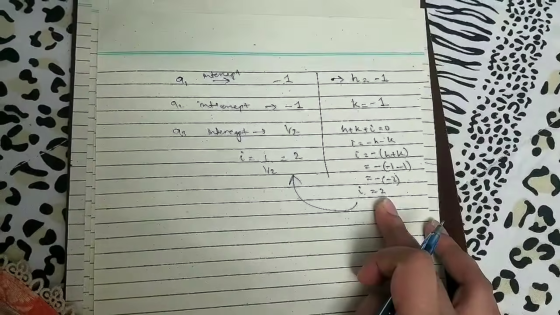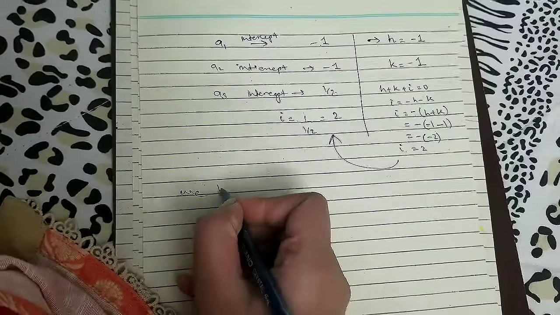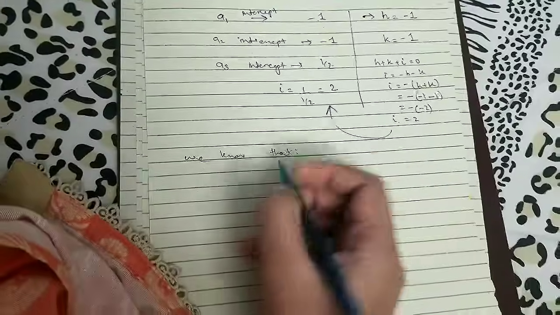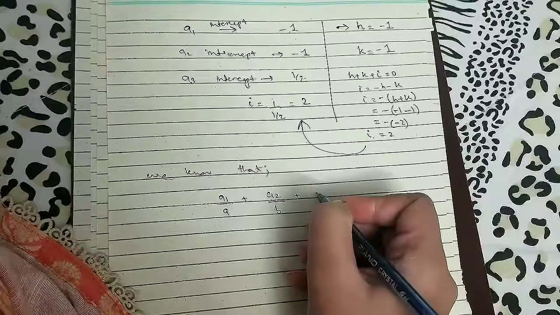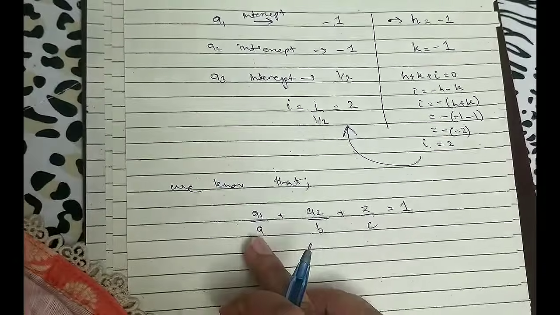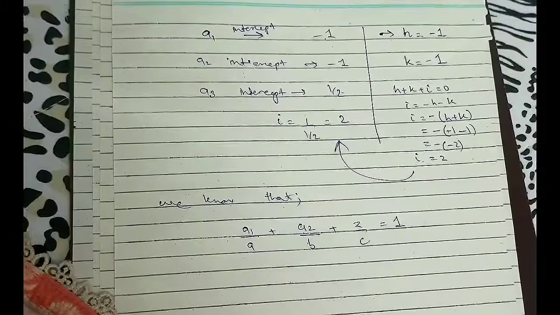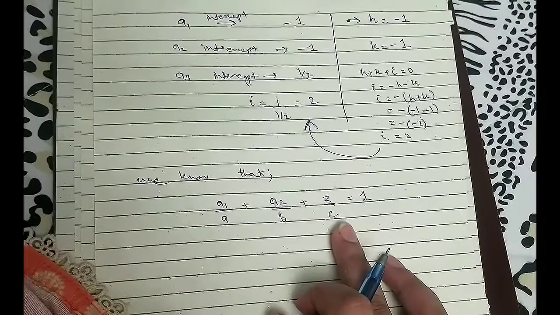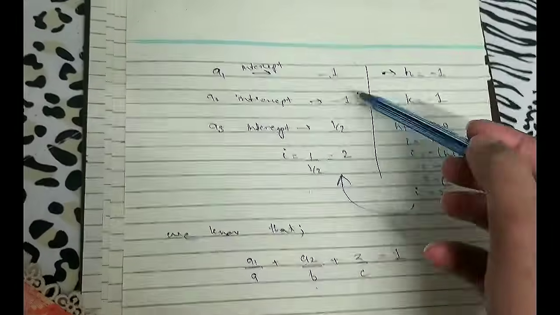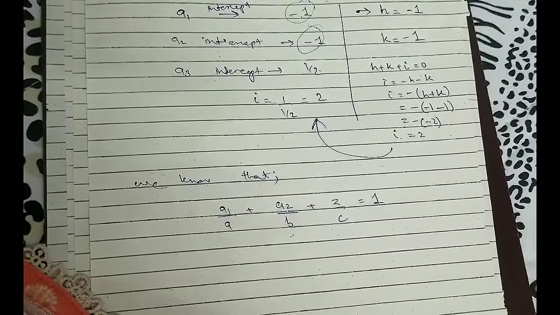So we now know three of the indices, -1, -1 and 2, but the fourth index needs to be determined, and for this we'll use the equation of the plane: a1 by a plus a2 by b plus z by c equals 1, where a and b are the intercepts corresponding to the a1 and a2 axes, and c is the intercept for the z axis, which is something we need to find, because c is the z intercept. a and b are known, -1 and -1, and a1, a2 and z are any suitable point on the plane.